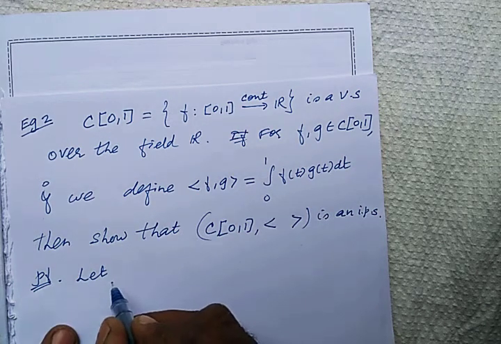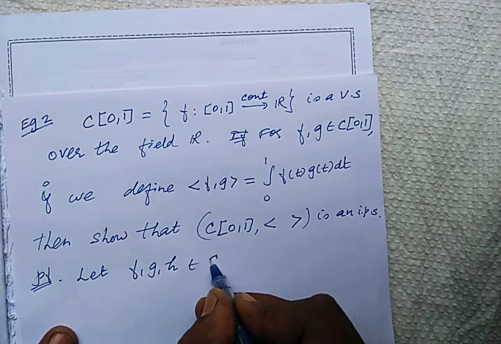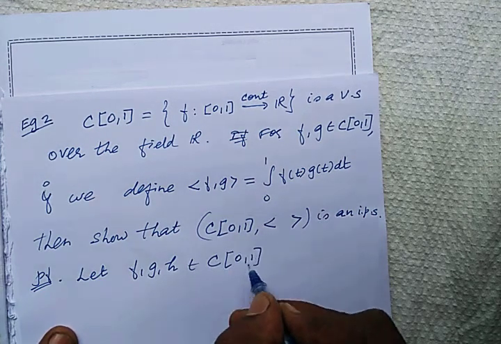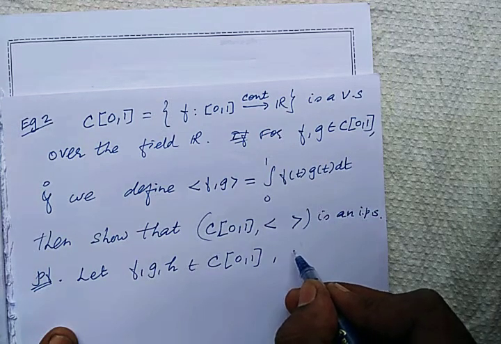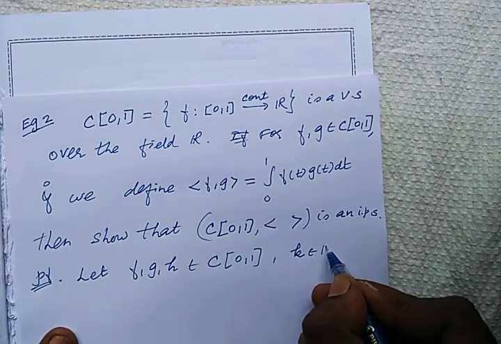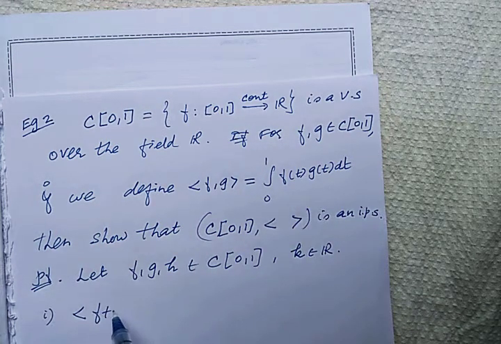Now let us take f, g and h from the vector space. These are all functions, right? And let the constant be some k in R. First condition: the inner product of f plus h comma g.